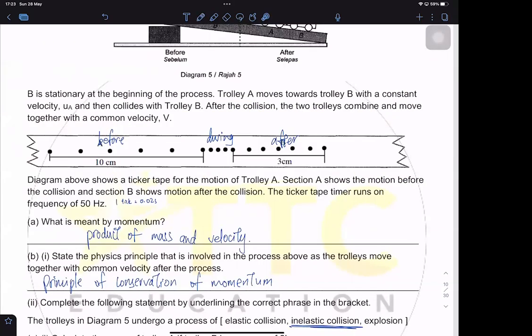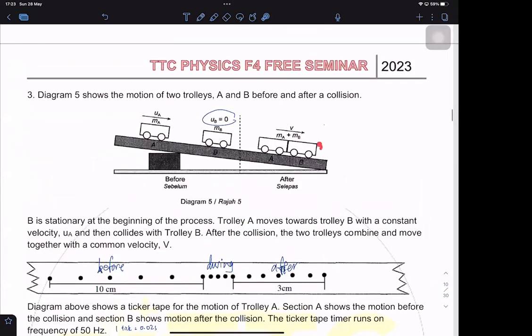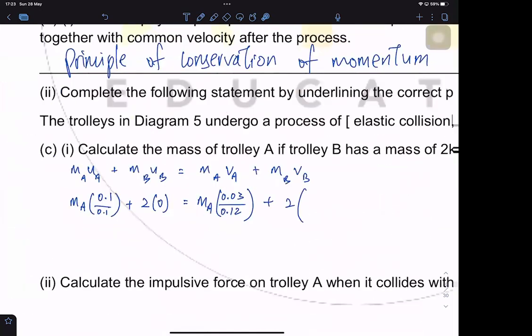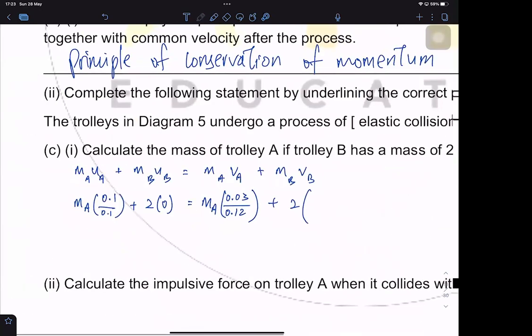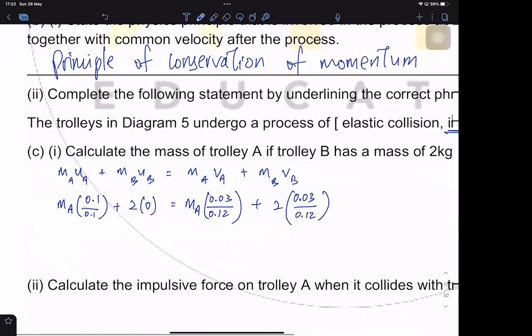The final velocity for B, right? A and B combine at the end. Can A run fast and B run slow? Or A run slow and B run fast? Cannot. We are combined together, so we must run together, we must be at the same speed, the same velocity. So actually the final velocity for B is the same as the final velocity for A, since they are together.